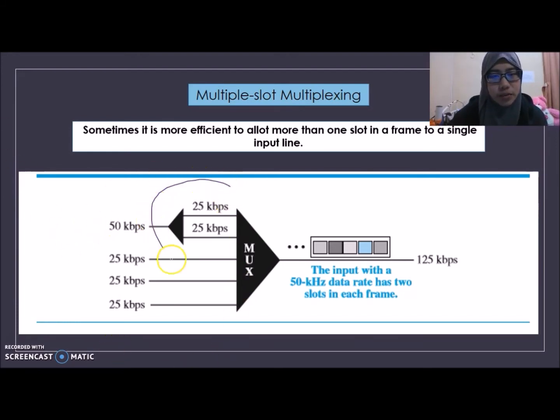That is what it means by an input line that has a data rate that is a multiple of another.